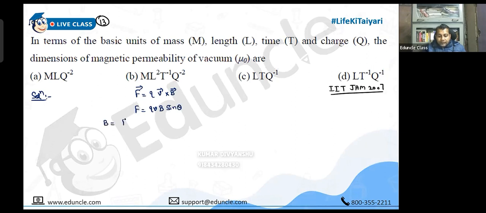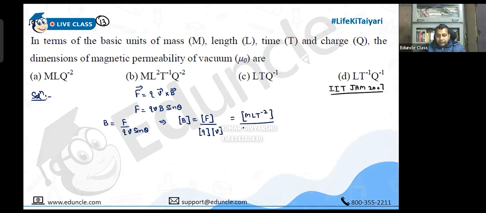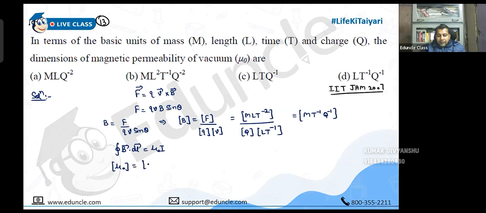So B is F by q v. So dimensions of B are dimensions of F by dimensions of q and v. Now B dot dl is mu naught I, according to Ampere circuit law. So dimensions of mu naught will be dimensions of B, dimensions of L, divided by dimensions of I.